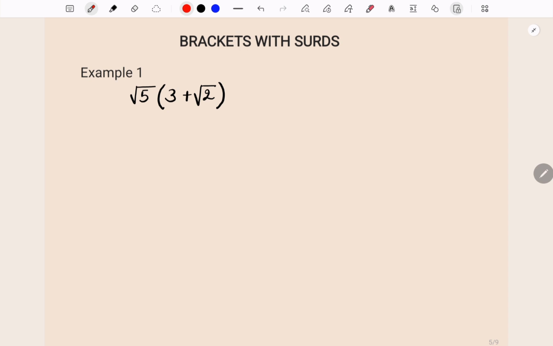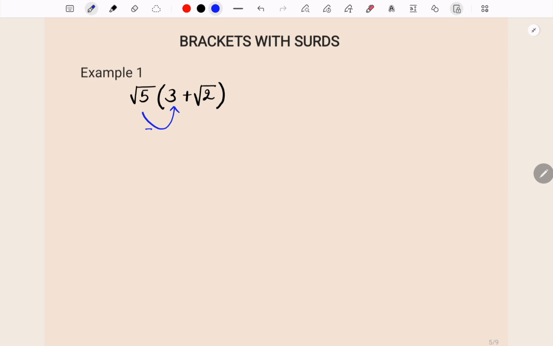Now let's move on to brackets containing surds. Look carefully that here this root 5 is multiplying every term inside the bracket. So we distribute it carefully. First, we need to multiply root 5 with 3.